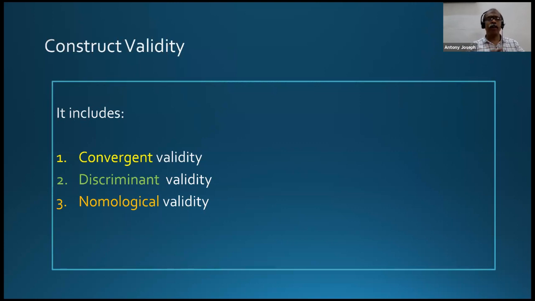At the first time, we are learning these three validation processes, how it is being done, and what the purpose is, and how to make inference out of that. Okay, always remember, if you are reading books or other articles dealing with validation processes, you may see different types of convergent, discriminant, and nomological validation. I'm explaining the one. Okay.